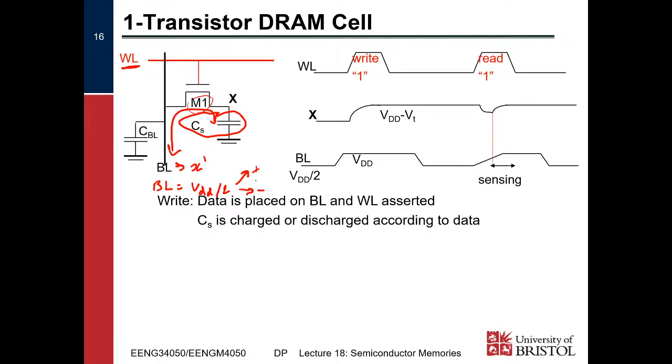If it starts to charge up towards VDD, then we know that CS was at a higher voltage than bit line, meaning that X was 1. Since we know that X was 1, we've read a 1, but when we read that 1, we discharged some of CS, because some of the charge stored in CS was redistributed over to CBL, our bitline capacitance.